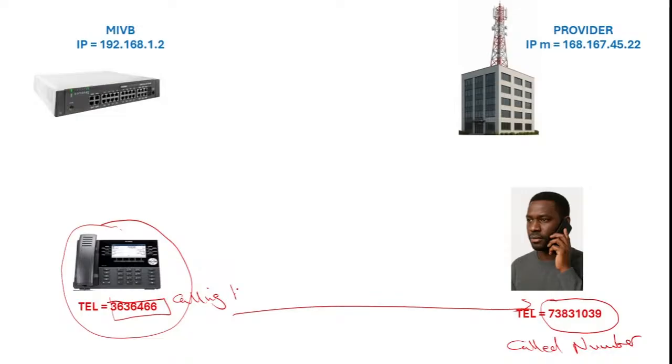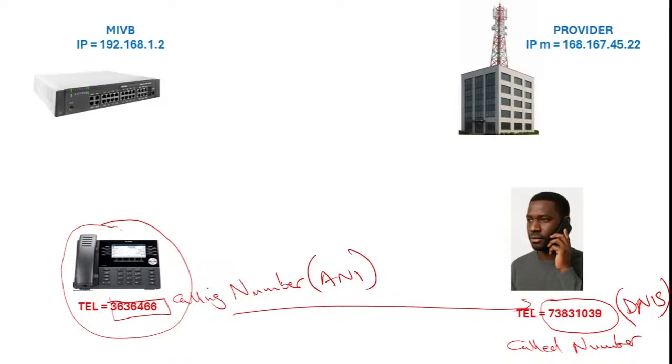This is the calling number. The calling number is also known as the ANI, and the called number is also known as the DNIS. So you must research these terms, ANI and DNIS. I will refer to these names also in our tutorial.